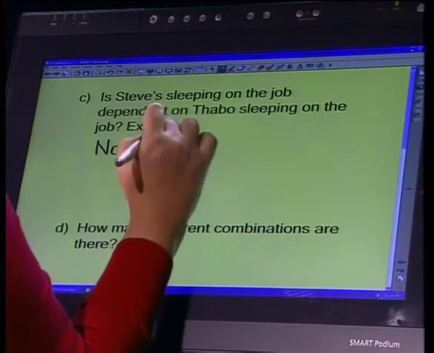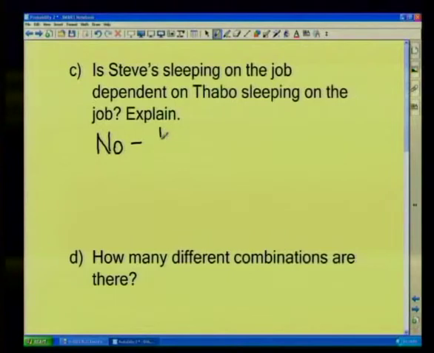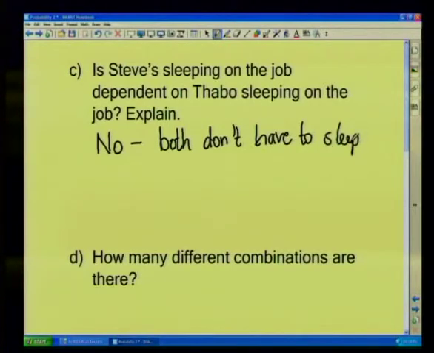They're both their own people, and they don't have to sleep at the same time. So if one slept at one time and the other slept at another time, they wouldn't be sleeping together.